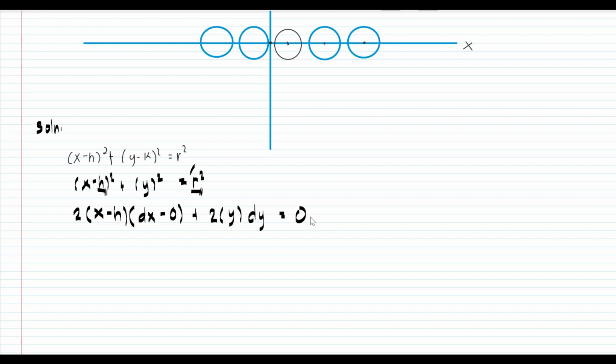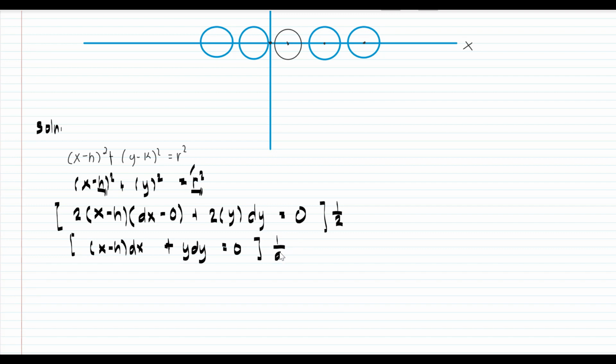Simplifying further, we can divide both sides by 2, and we get (x − h) dx + y dy = 0. Then we can isolate dy over dx by dividing both sides by dx.